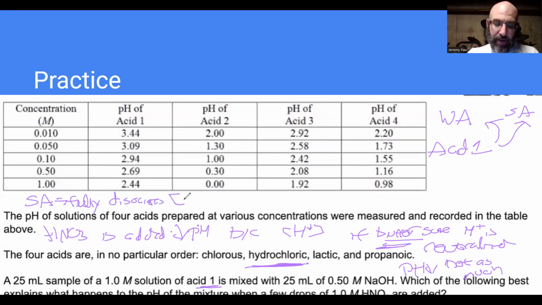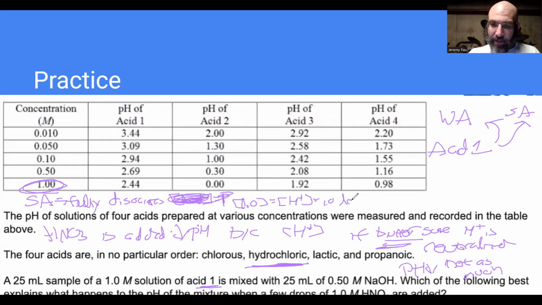So if the concentration of our acid, let's just take a look right here, an easy one, is 1.0, then the concentration of H plus is also 1.0.